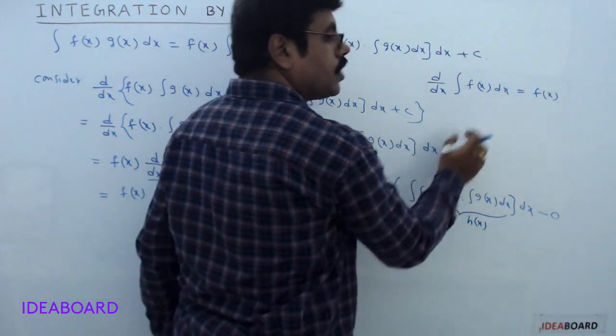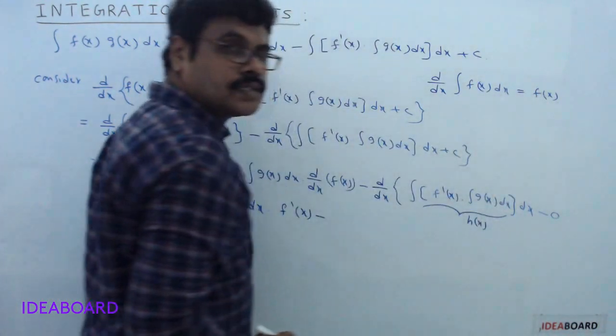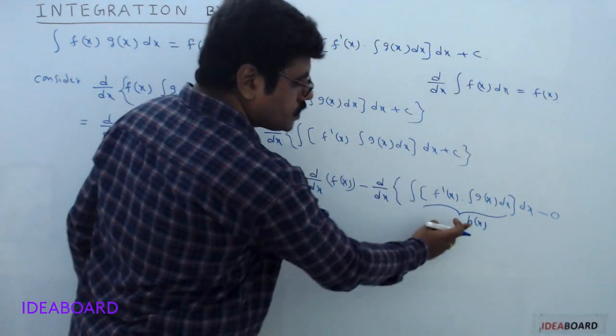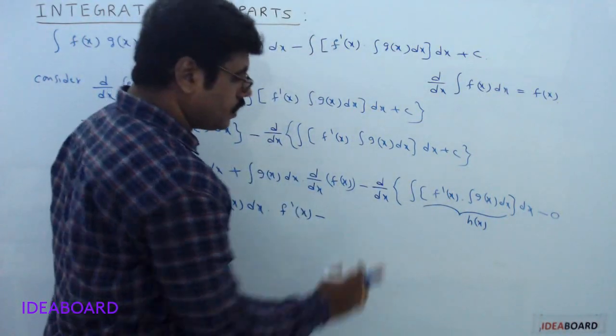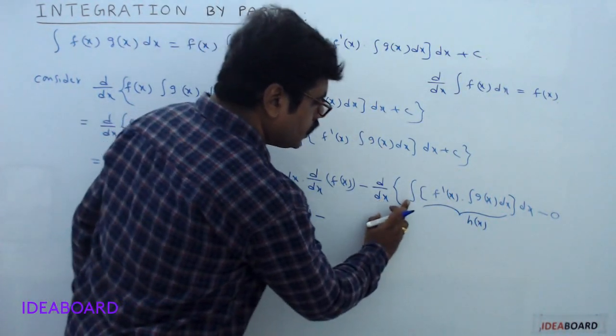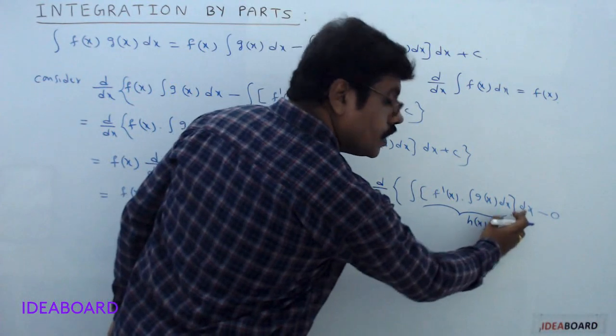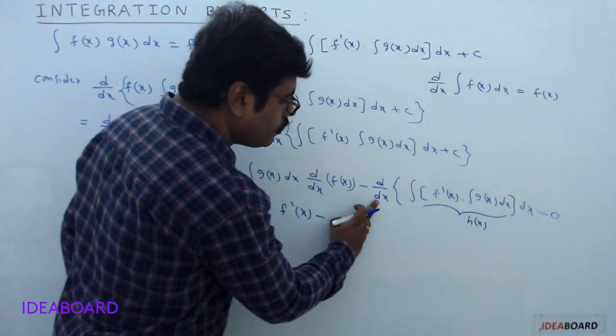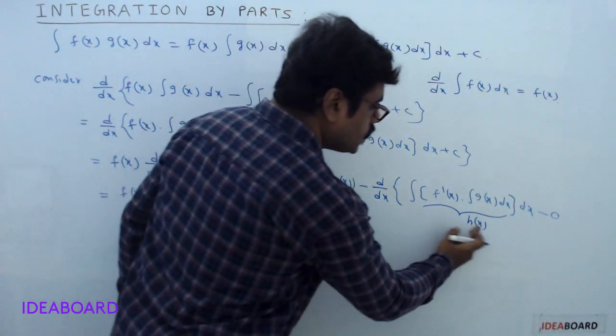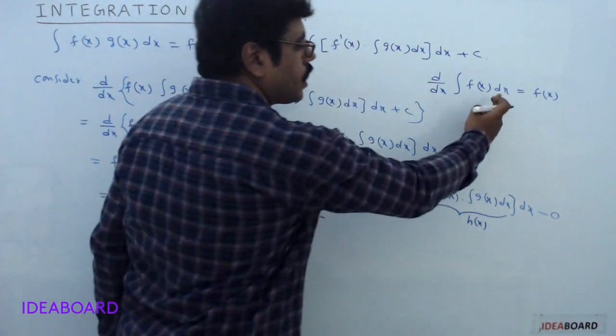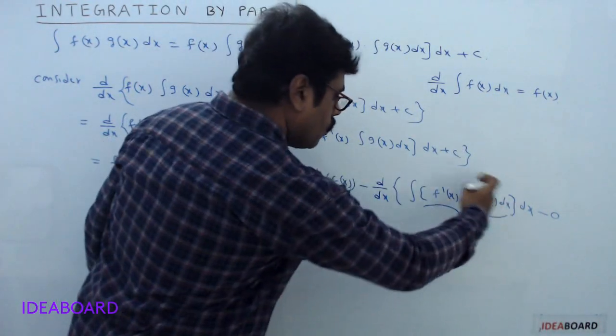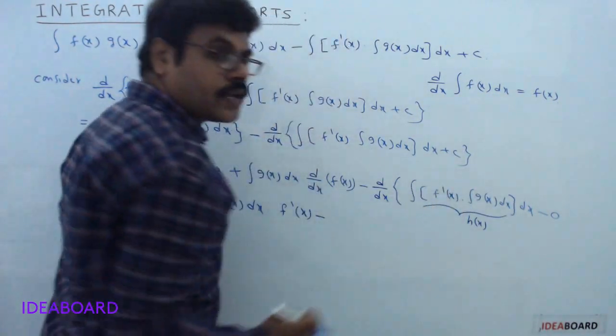Now what is this formula? This is f of x. In place of f of x, here h of x will be there. Derivative of integral h of x dx. Once again, derivative of integral h of x dx. According to this property, what is its value? h of x.